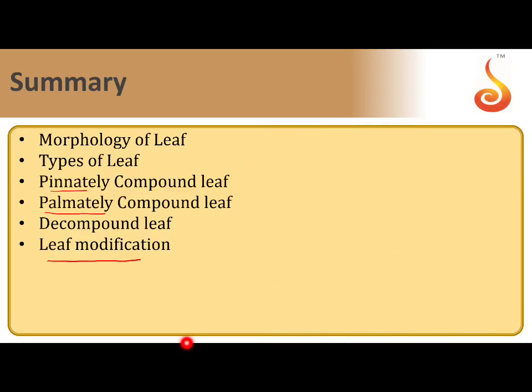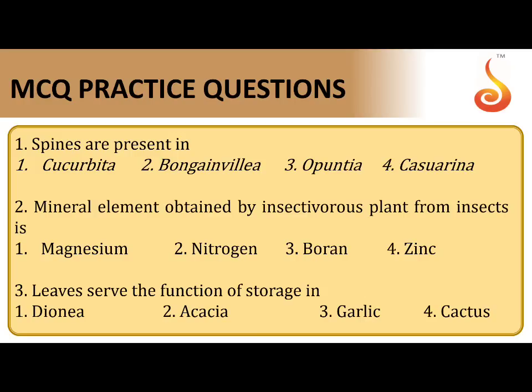I hope today's class is clear to you all. So let's see what questions we will be discussing in the Imparters platform. So the first question is, spines are present in Cucurbita, Bougainvillea, Opuntia or Casuarina? Question 2, mineral element obtained by insectivorous plant from insect is magnesium, nitrogen, boron or zinc.